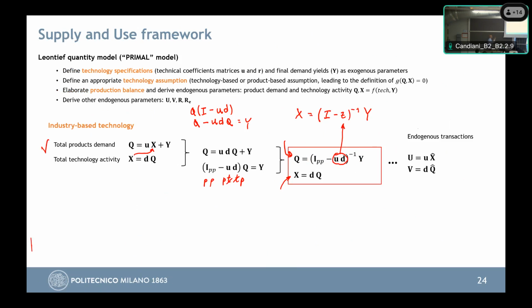The point is that the small z that we have seen in the first lecture is already embedding the assumption on how the technologies are producing their products.